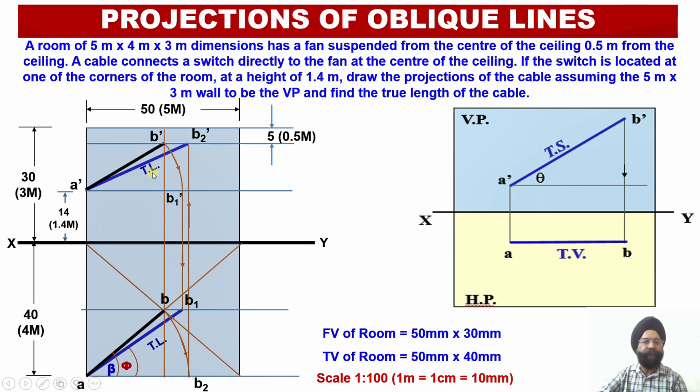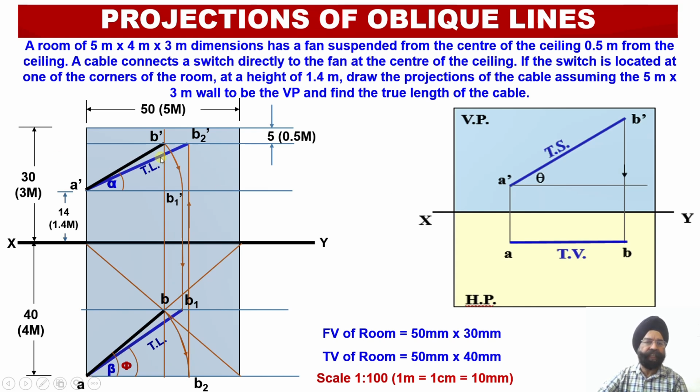The moment I evaluate this true length, I must check that A dash B2 dash is equal to AB1. That is, the two true lengths which I have obtained in the front view as well as in the top view should be equal to each other. Only then will this solution be assumed to be correct.